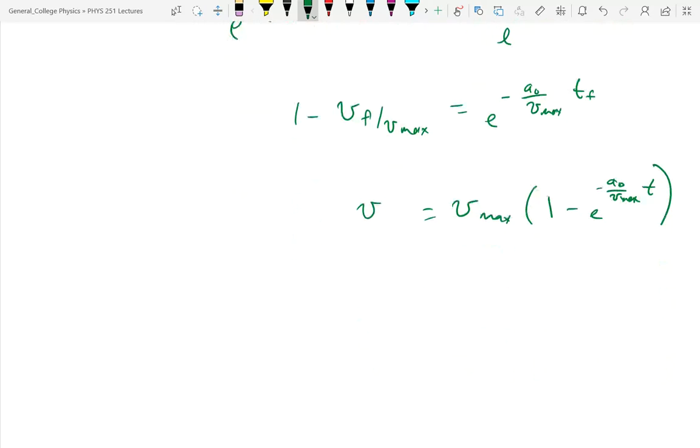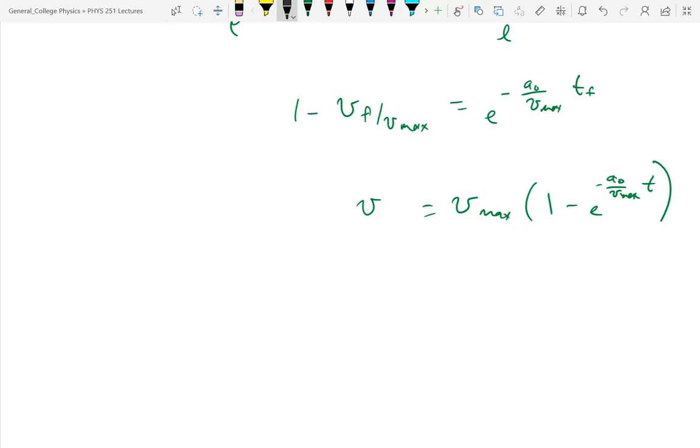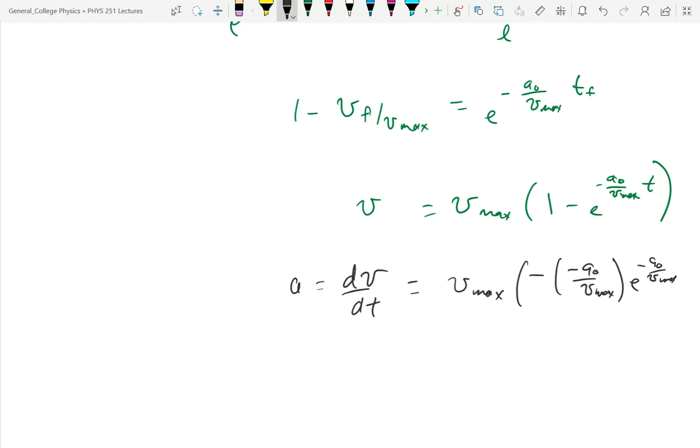If I take the derivative, actually it's not hard to take the derivative. I didn't think about this. Okay, so that should be the correct equation.